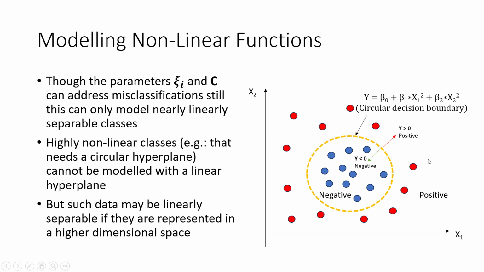These two classes can only be separated if we use a circular decision boundary like this, like this yellow boundary, right? So this is a very non-linear class boundary where you can't use a linear decision boundary at all, right?